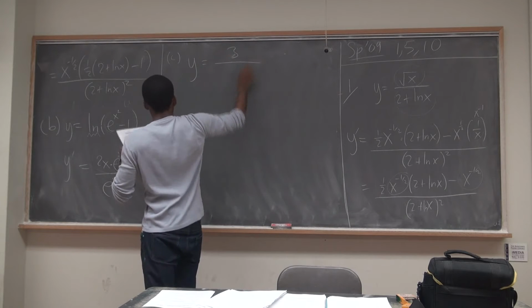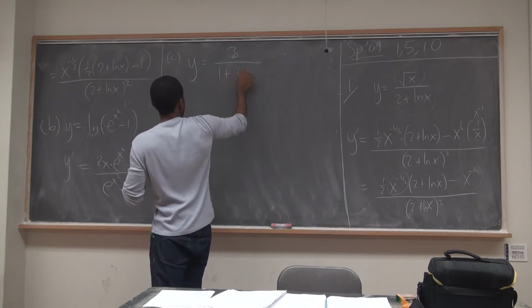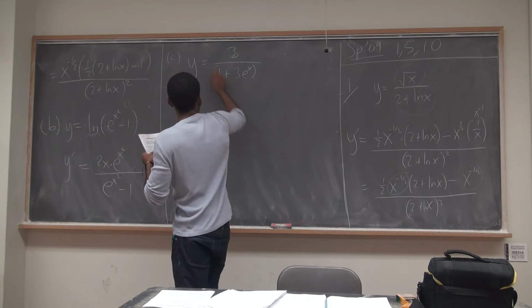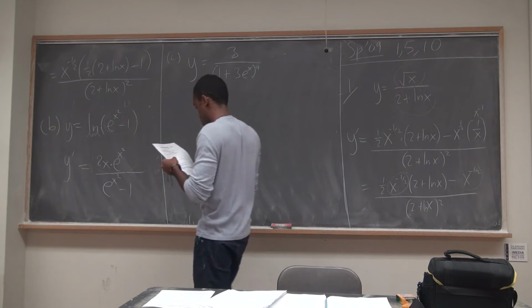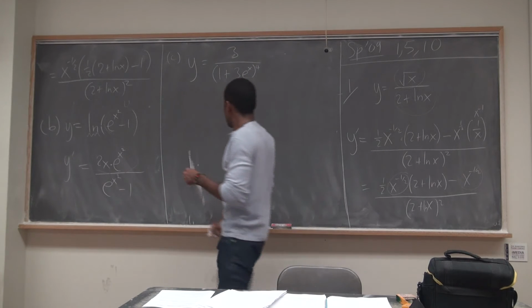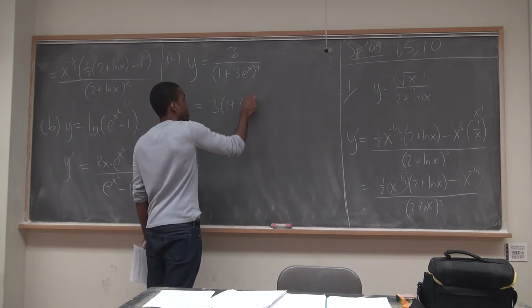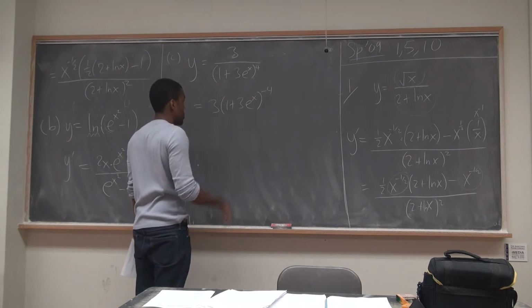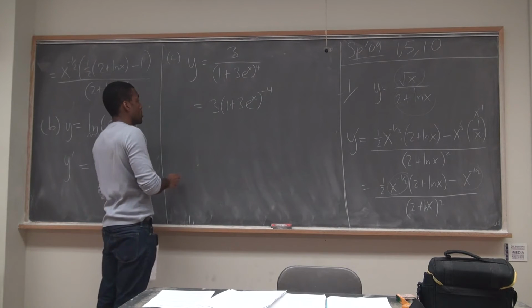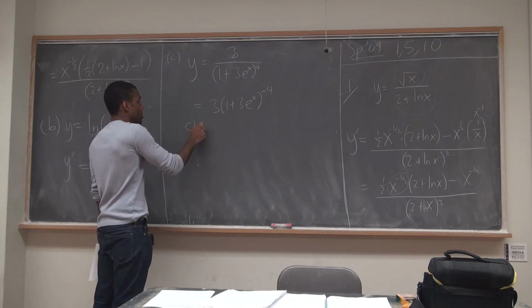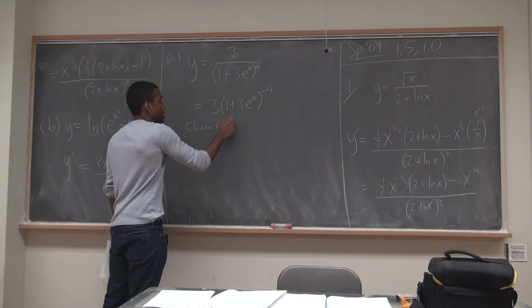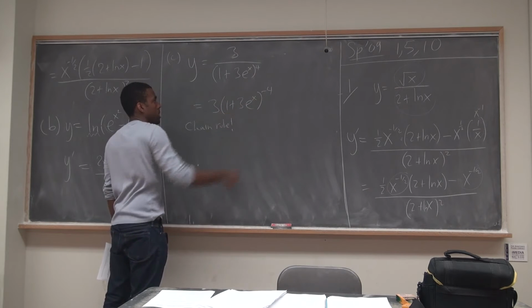y equals 3 over 1 plus 3 e to the x to the 4. Can you put it to the negative 4? Sure, I would. 3 times 1 plus 3 e to the x to the minus 4. And now we use the chain rule, because we have an inside function and an outside function.